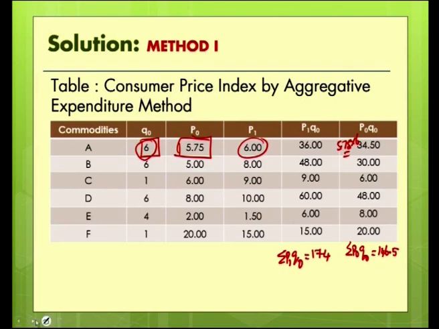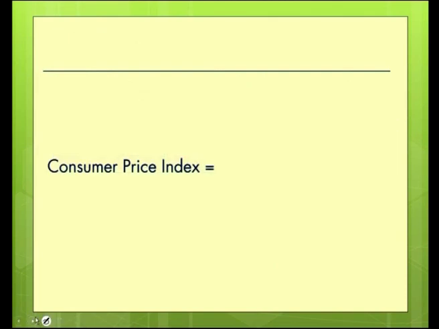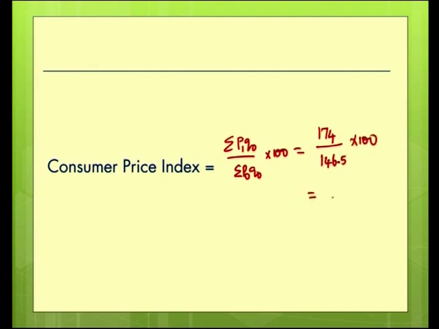With this, we proceed to calculate the consumer price index by aggregate expenditure method, summation P1 Q naught by summation P naught Q naught into 100, which is equal to 174 by 146.5 into 100, and the answer is 118.77. This is the consumer price index by aggregative expenditure method.